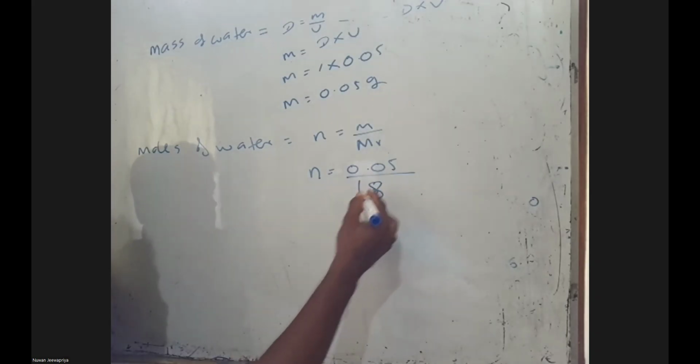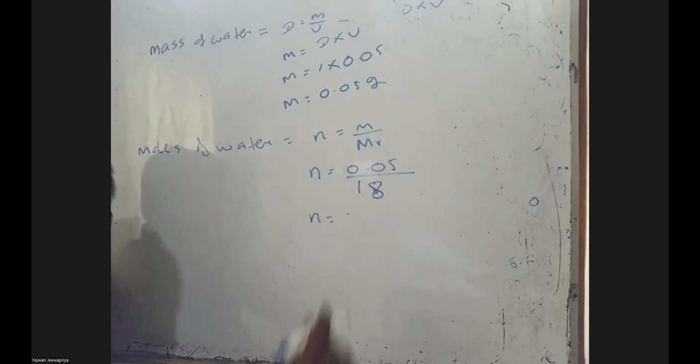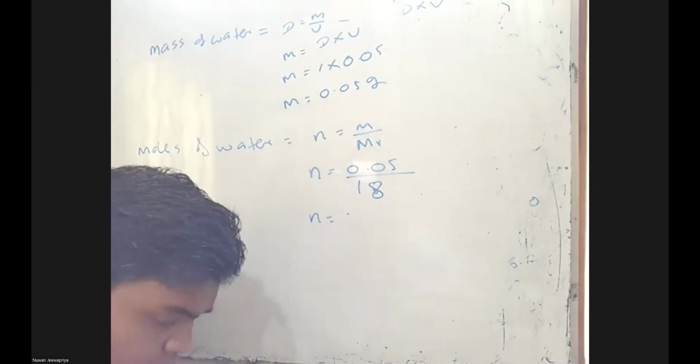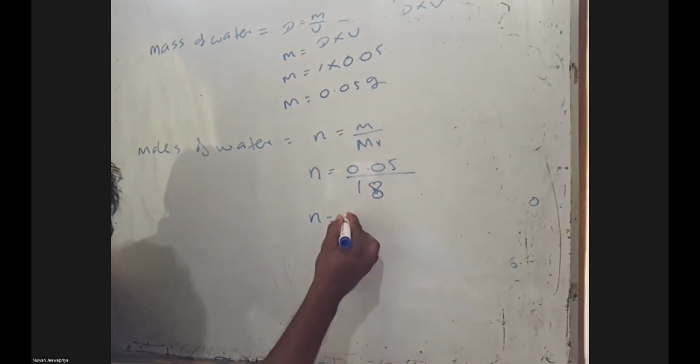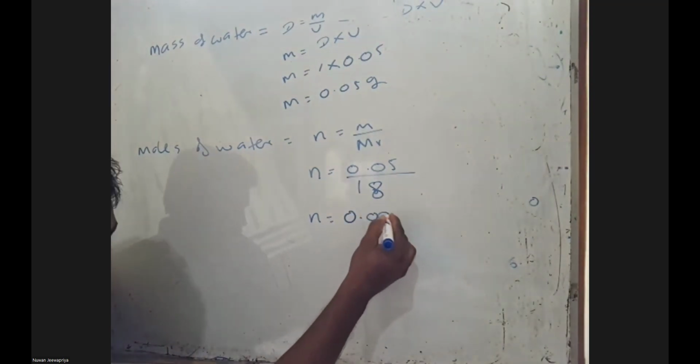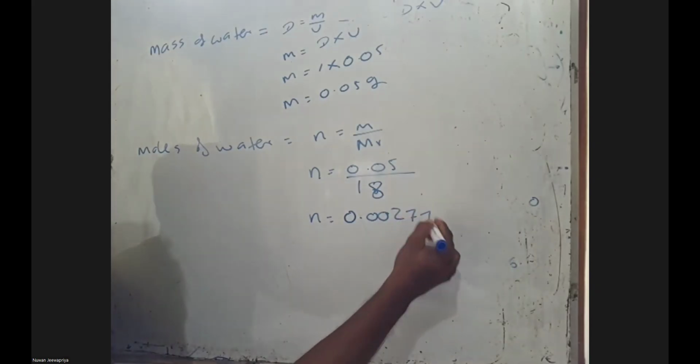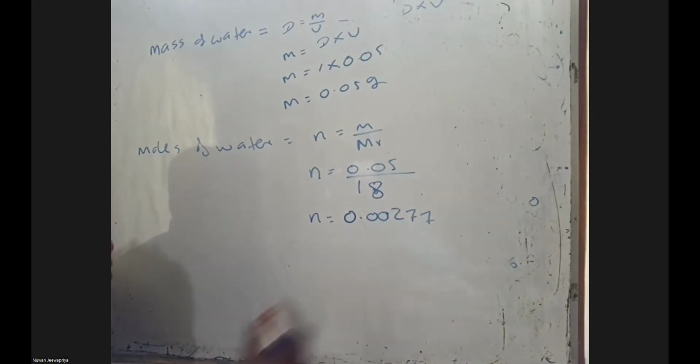So then n is equal 0.05 divided by 18. How many moles are there? 0.00277 moles. That is the number of moles.